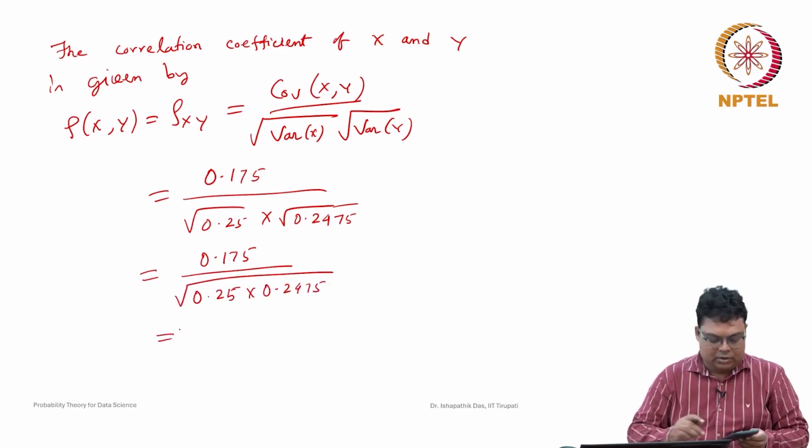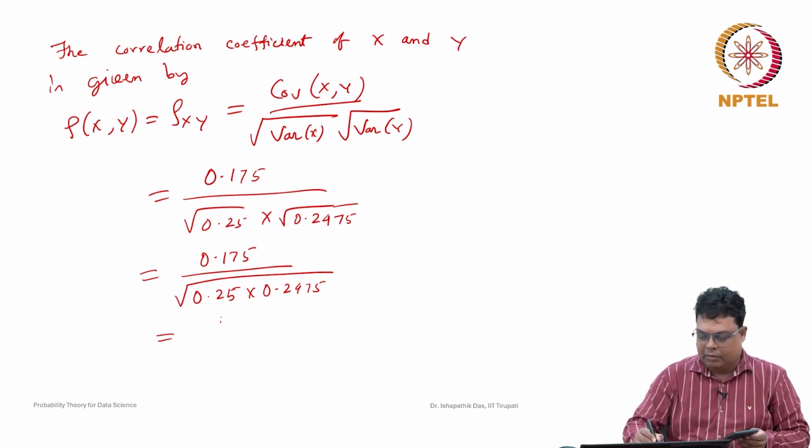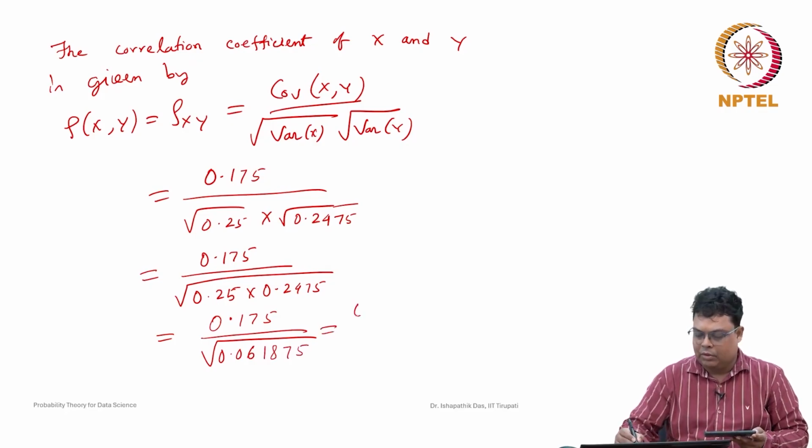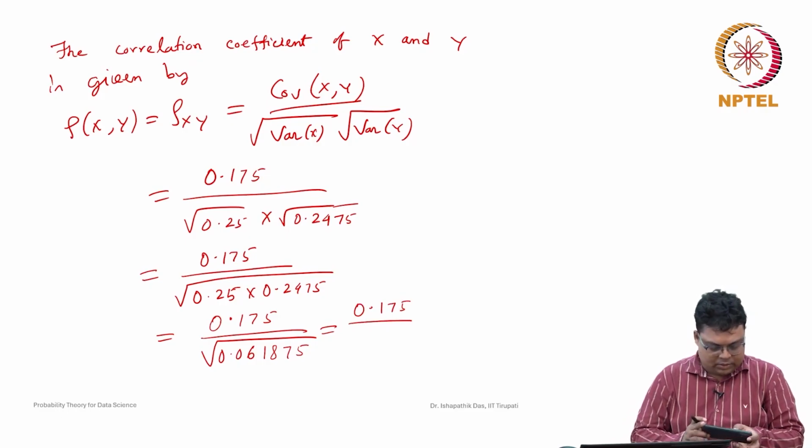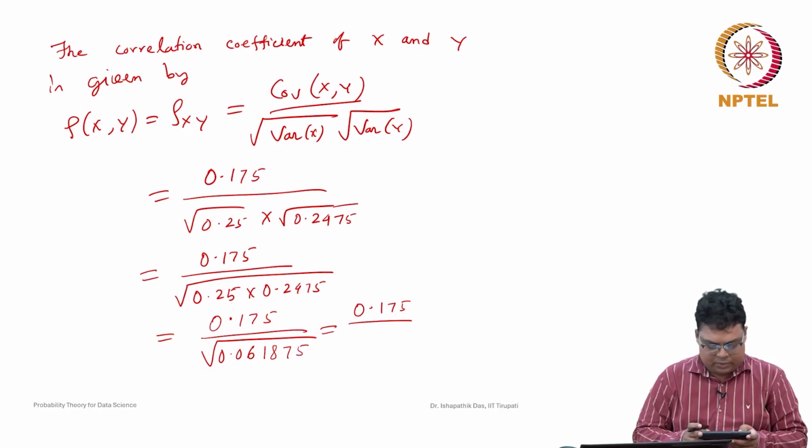The product comes to 0.061875, so this is 0.175 divided by the square root of 0.061875.